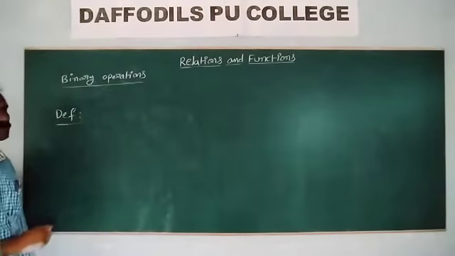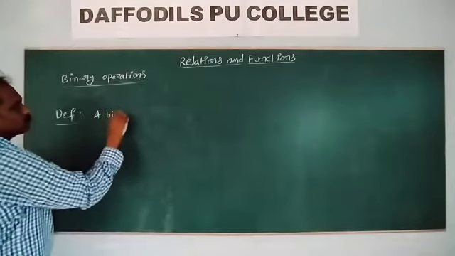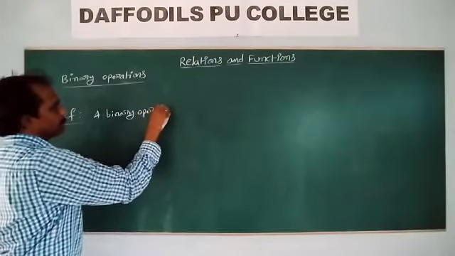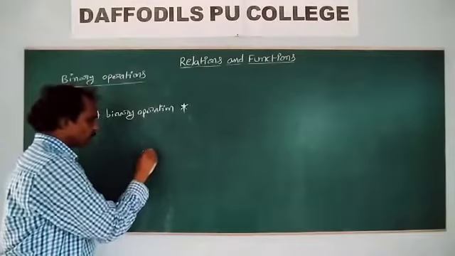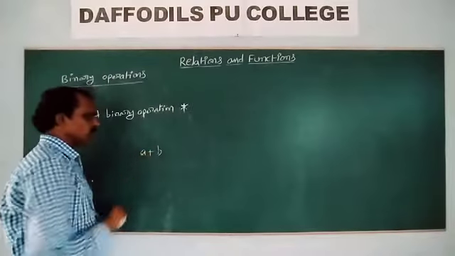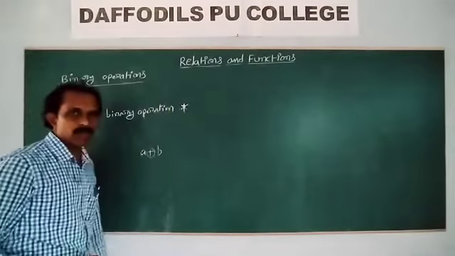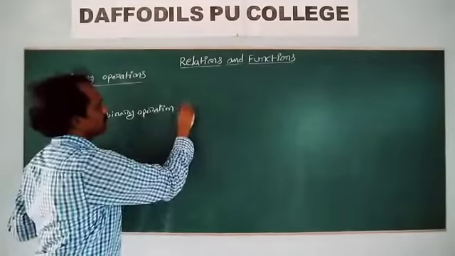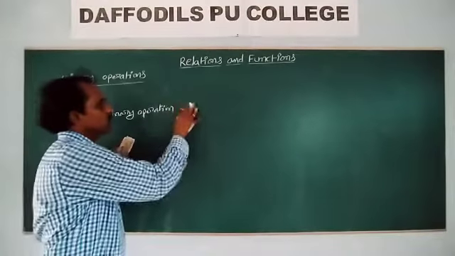Binary operation definition. A binary operation star, here star. Actually in A plus B, in between two elements the operation is plus. But star is a binary operation. So we'll see problems also, which you can understand. Here, in place of plus or minus, into or anything, it is just some operation.